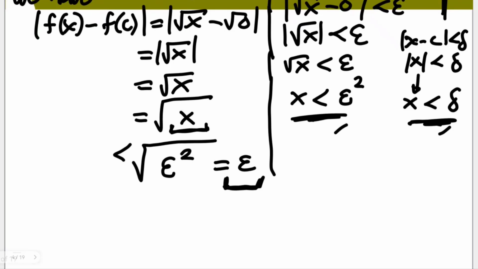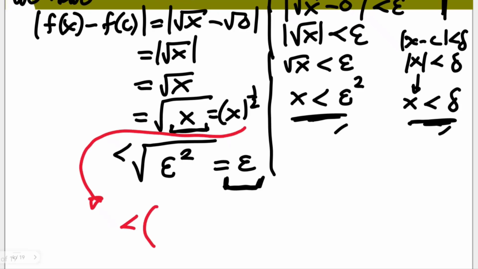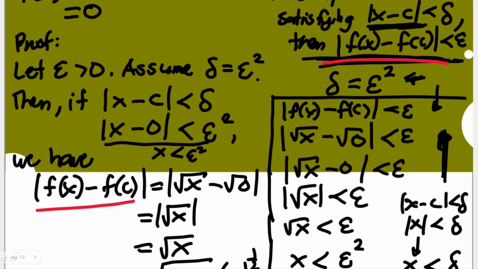So this could be written, if you would like to, x to the power of 1/2, right? Okay, so you could also have here x, since x is, I'm going to write here another process if you are not convinced with that. This is less than your epsilon squared raised to the power of 1/2, which gives us still epsilon. Now, bottom line, we just aim to target this from here to meet the definition of continuity.